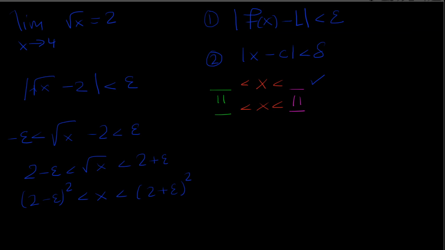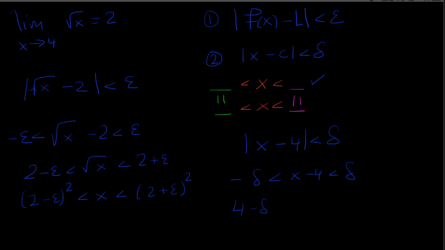The second inequality surrounding x will deal with x minus the c value, which is 4 here, since we're approaching x equals 4. And we want that less than delta. So that means that x minus 4 has to be between negative delta and delta.